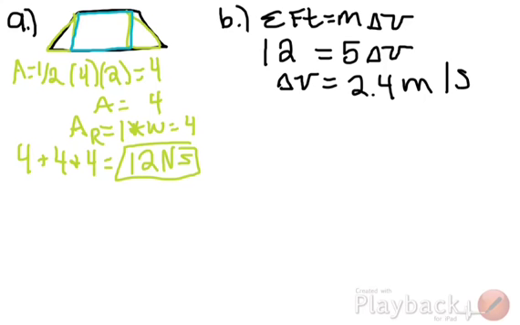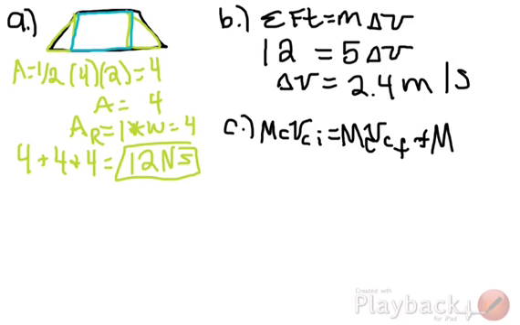Alright, moving on to C, the first part of C. We need to determine the following for the cube immediately after the collision, so we will need to figure out the speed. When you rearrange the equation, you can get this. Now we want to be solving for the final velocity of the cube.